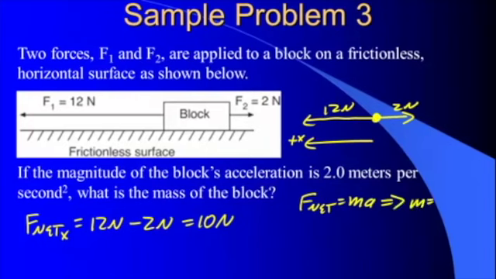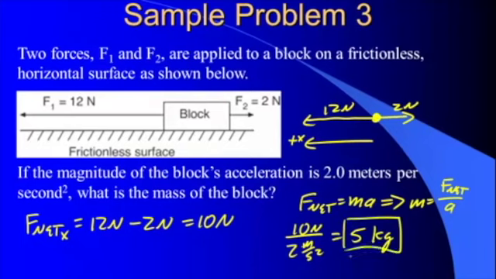Therefore, mass must be net force over acceleration, which must be equal to 10 newtons over our acceleration of 2 meters per second squared, or 5 kilograms. F net equals ma, another way to use it.